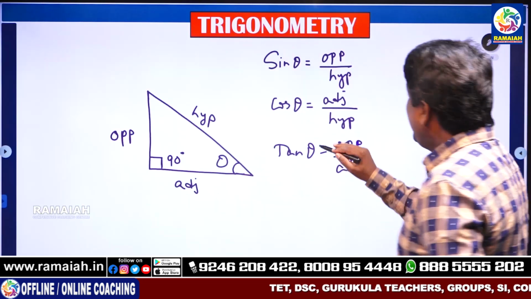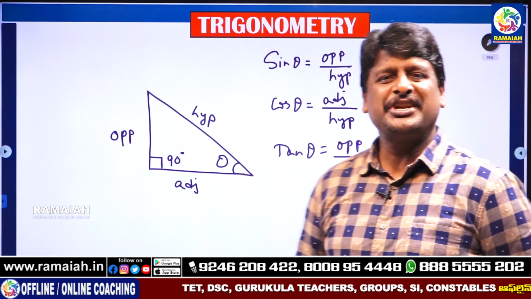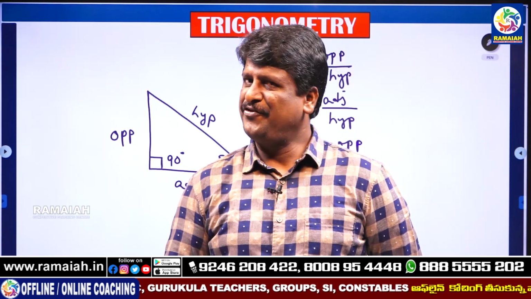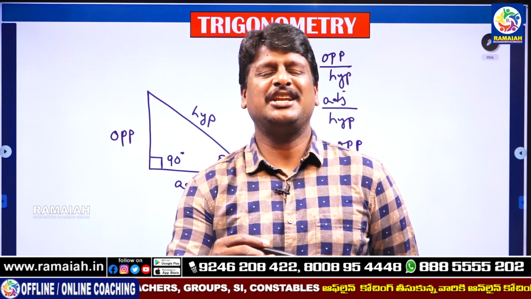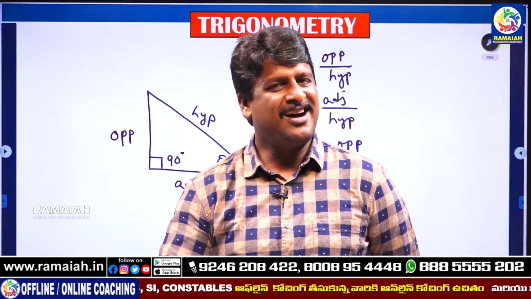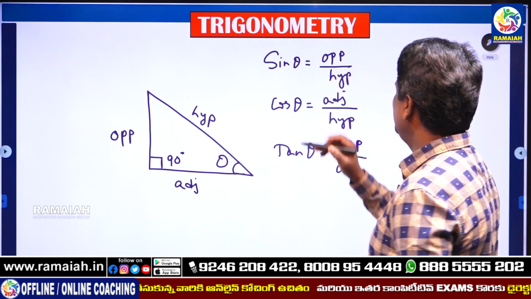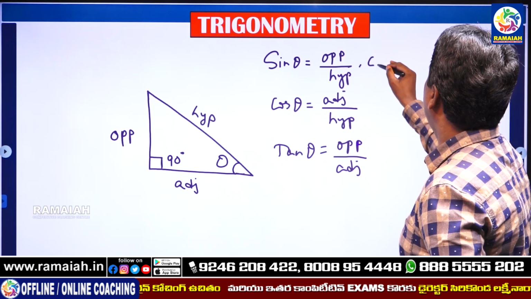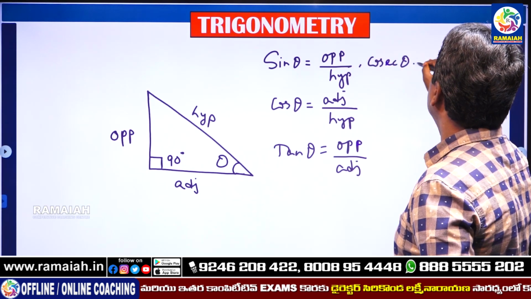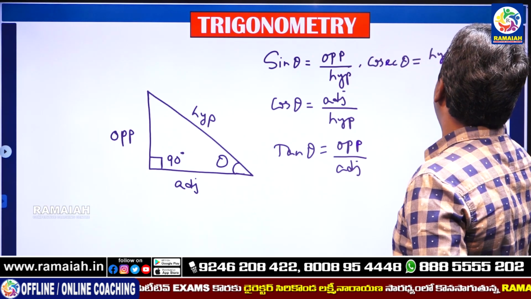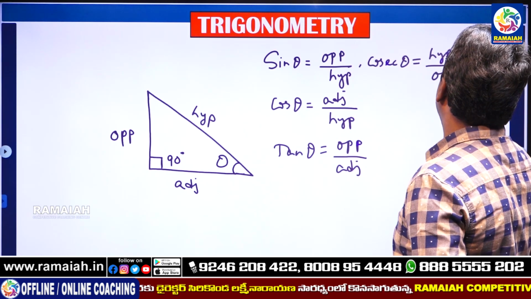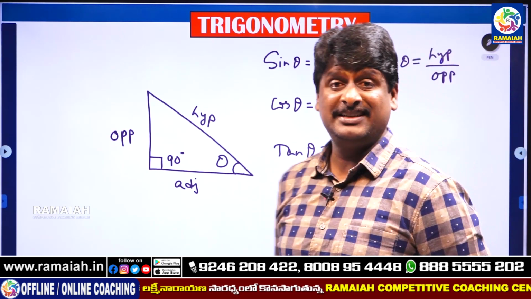So, the remaining three trigonometric ratios: the fourth one is the reciprocal, or the multiplicative inverse, of sin theta, which is called cosec theta, that is hypotenuse by opposite side.